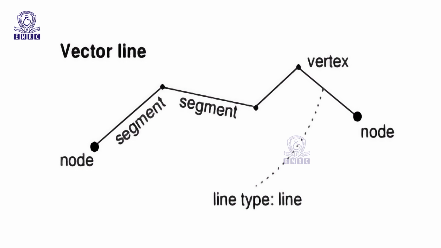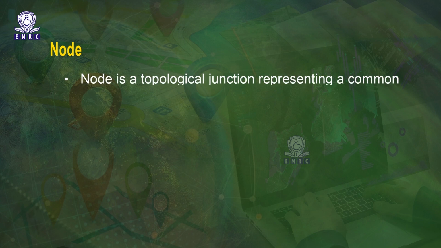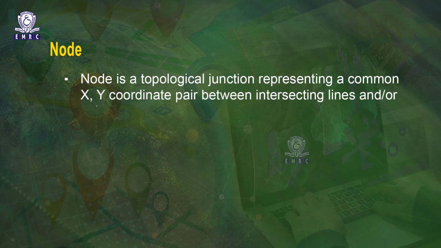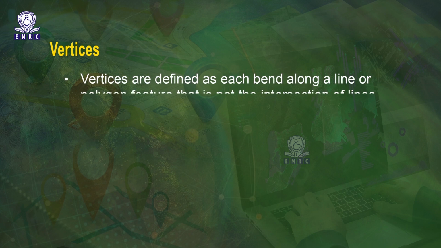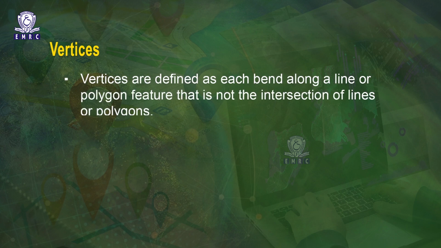Specifically, a point is a standalone feature, while a node is a topological junction representing a common x and y coordinate pair between the intersecting lines or polygons. Vertices are defined as each bend along a line or polygon feature that is not an intersection of lines or polygons.